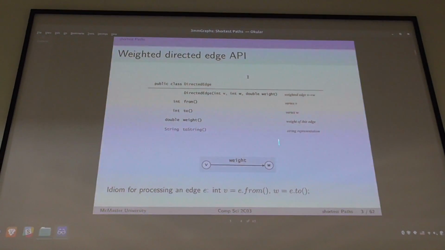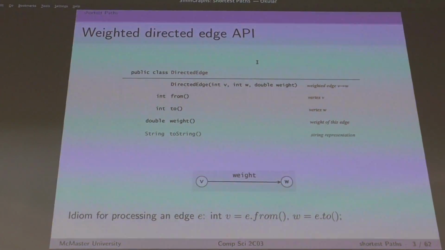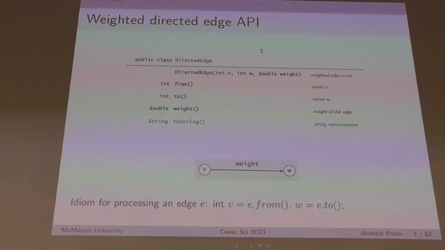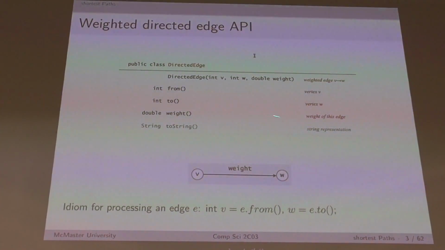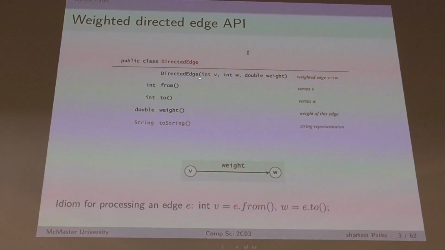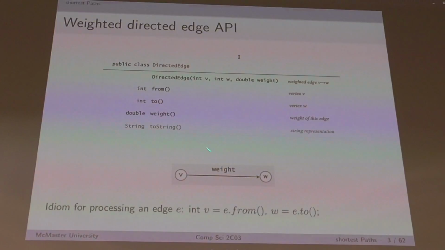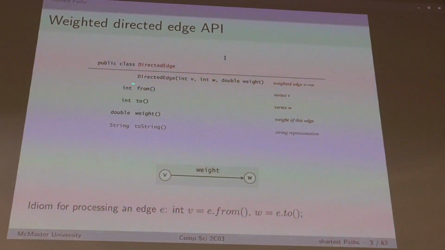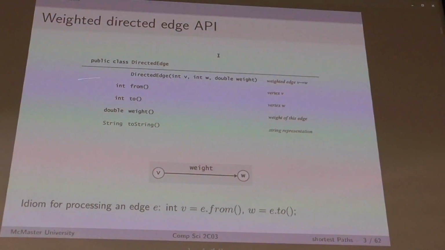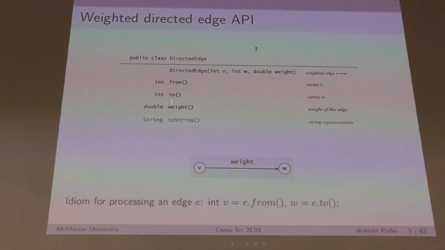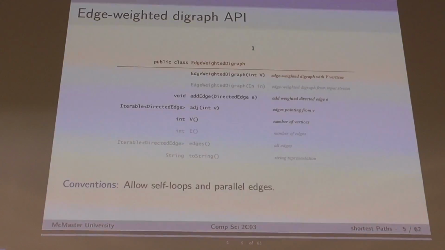So, I'm going to quickly jump through our representations. Our API, of course, has directed edges rather than undirected edges with weights. This is a class for the directed edge itself, so we've got the source, we've got the sink, we've got the weight along that edge.